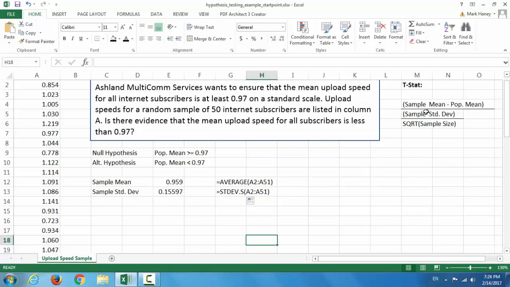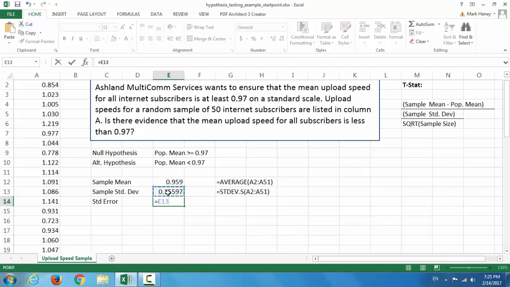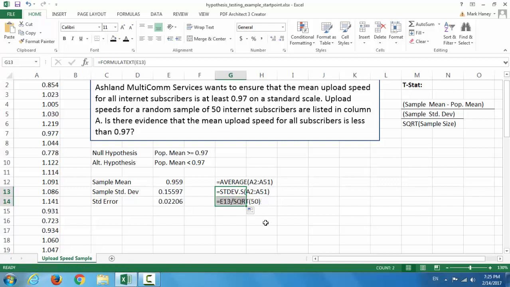Next, we can calculate this bottom term, which is called the standard error. That's just equal to, and we look at the formula up here, the sample standard deviation, which is this term, divided by the square root of the sample size, which is 50. We're told there's 50 in the sample. If we weren't told that, we could just use a count function to count how many were in our sample.